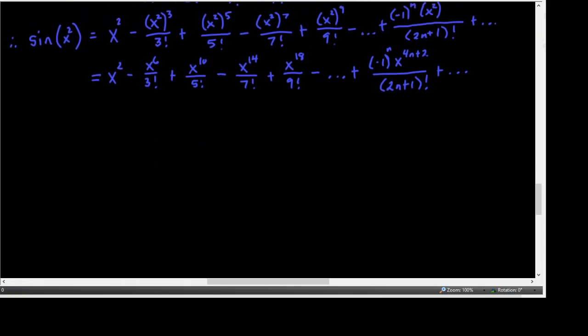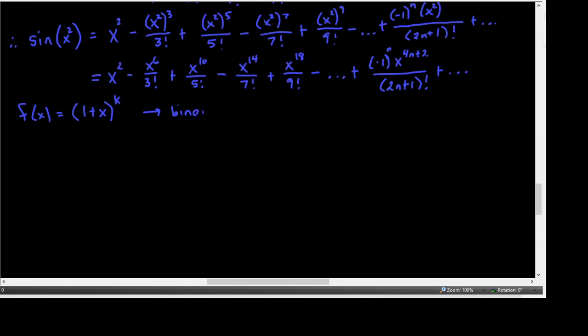Let's do f of x equals 1 plus x to the k. And by the way, what we're going to get is something called the Binomial Series.